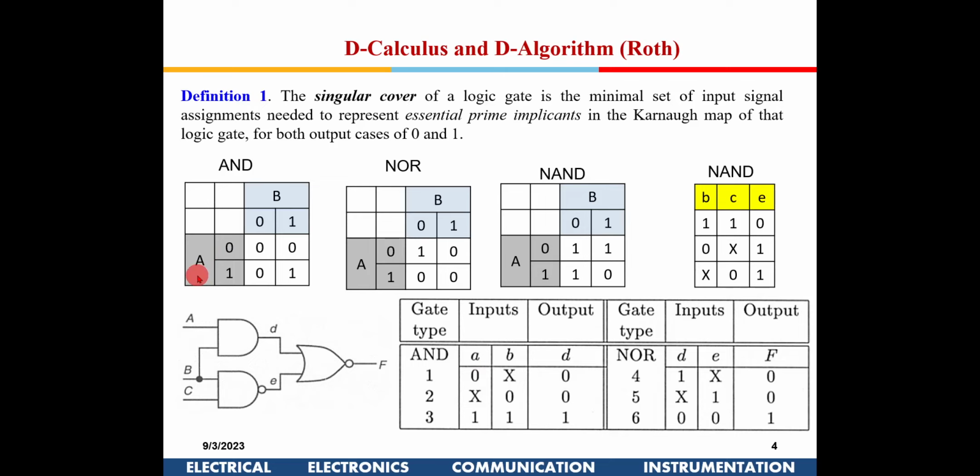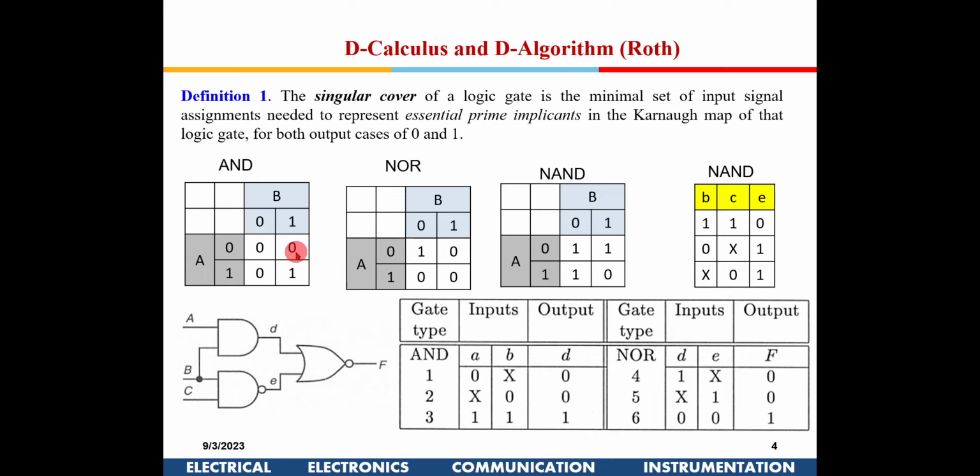For example, for an AND gate, for 1 1 I have an output 1, and for all other combinations it is 0. So I make a prime implicant; for a 1, the prime implicant is AB, so I write 1 1 as 1.